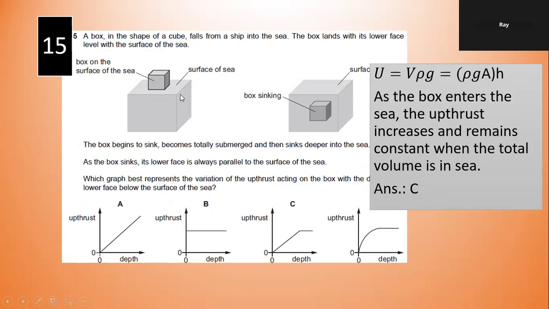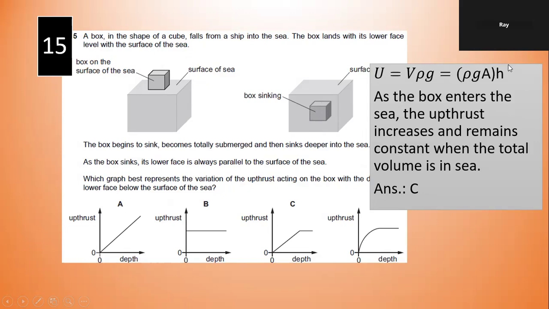Initially it is zero when it's on the surface. As it goes down, the depth starts to increase, and the upthrust starts to increase also, so it's a straight line. But why does the upthrust suddenly become constant with more depth? The volume is constant.